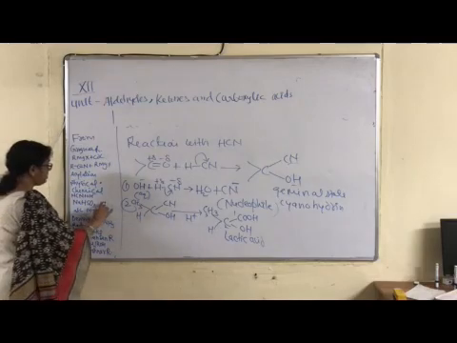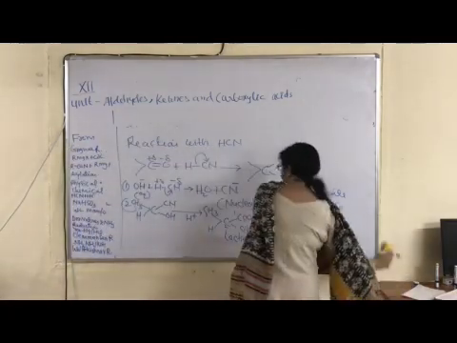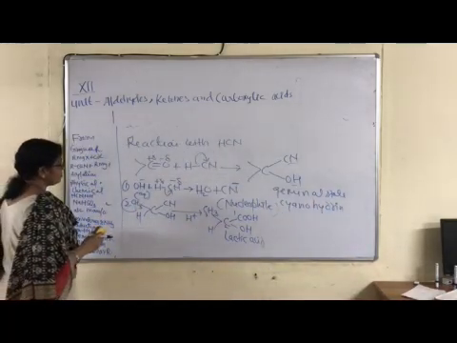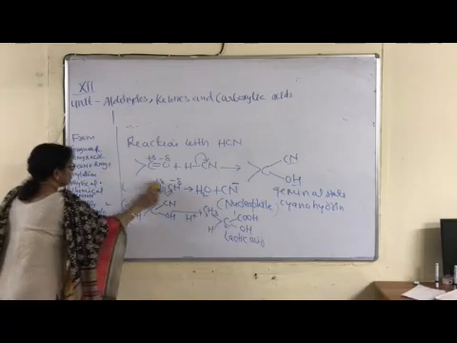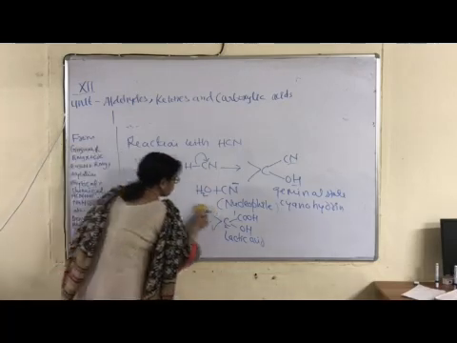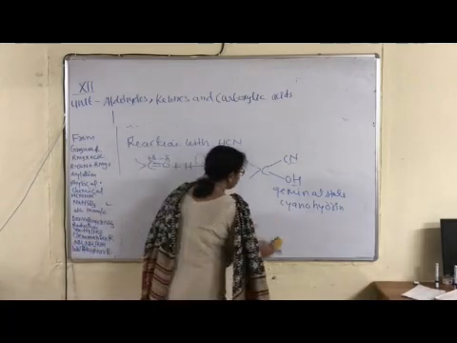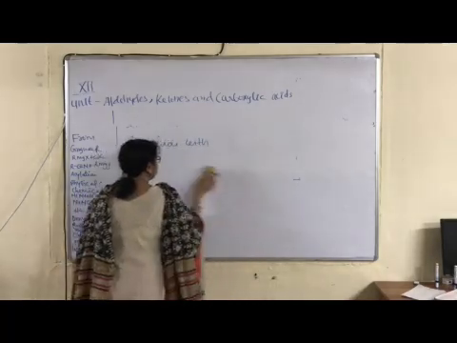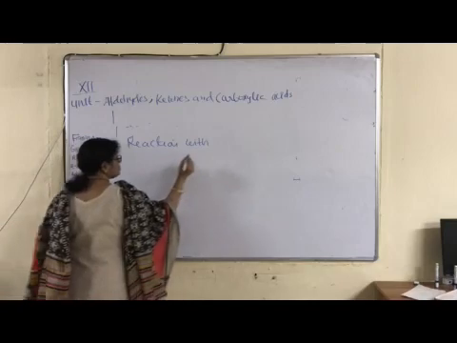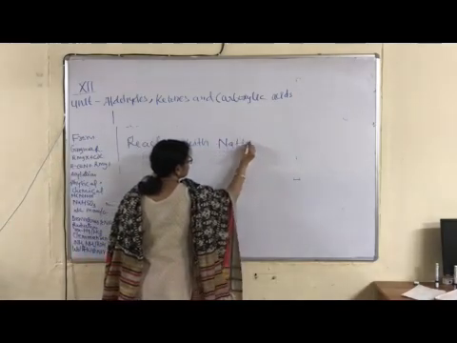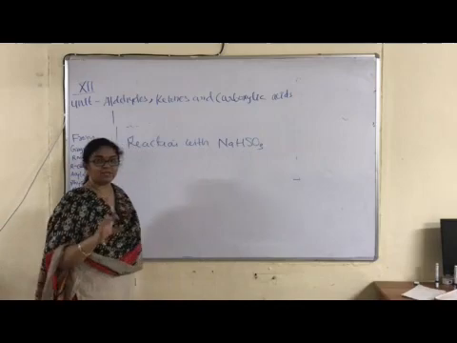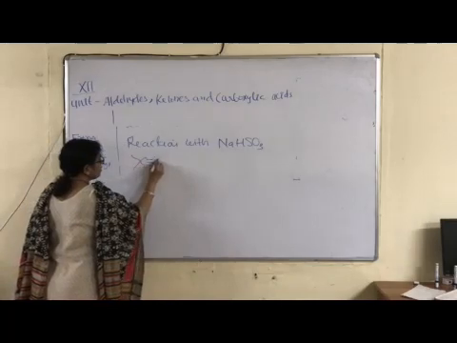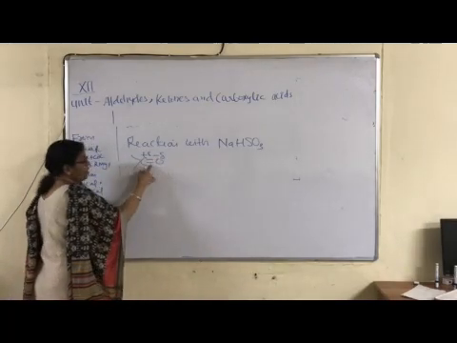Now the next chemical property, reaction with sodium bisulfite. The reaction type is addition reaction. Right? This is sodium hydrogen sulfite, sodium bisulfite. The group is common, the carbonyl group, nature is the same, polar.